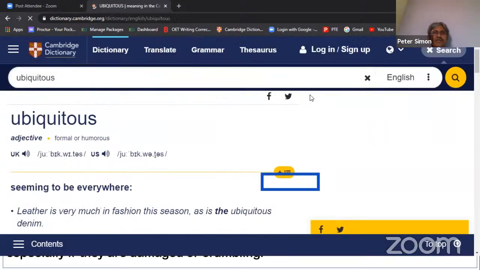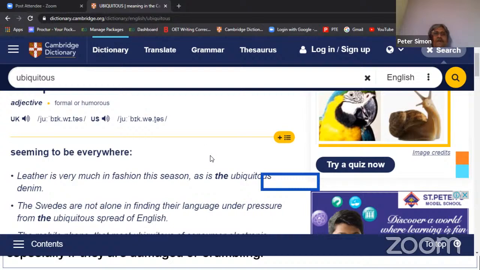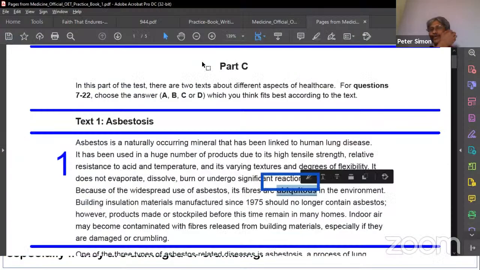So what does the word ubiquitous mean? Ubiquitous means everywhere, omnipresent. Ubiquitous means omnipresent. Another word I gave you now. You did not know the meaning of ubiquitous. Ubiquitous means present everywhere. That means omnipresent.